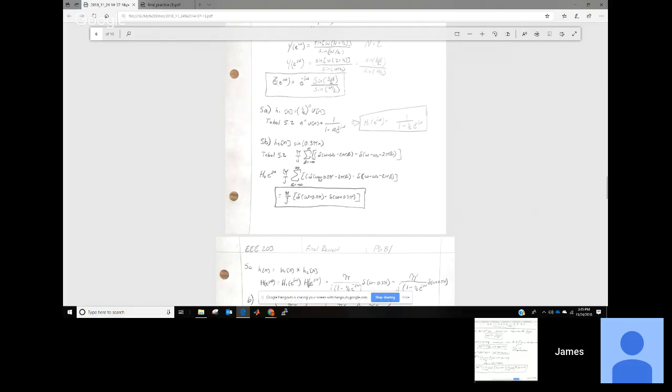Basically, we know that omega minus 0.3 pi minus 2 pi L has to be 0 for this to be anything. So that allows us just to sift these out and get rid of our summation.